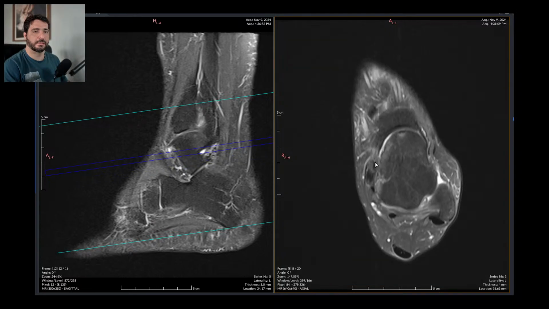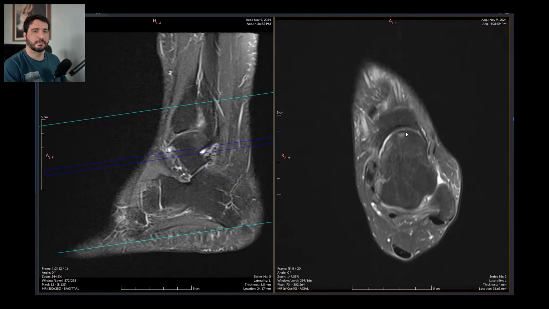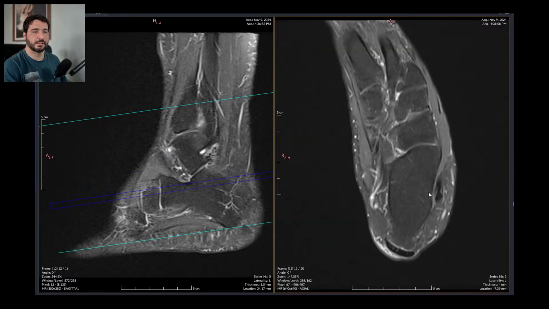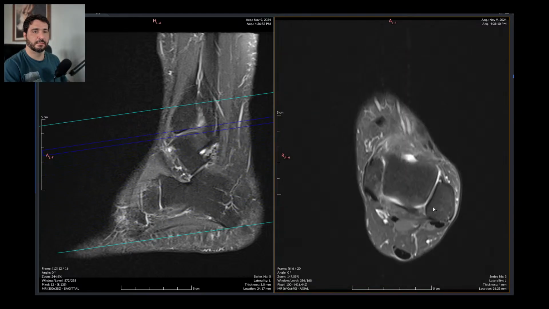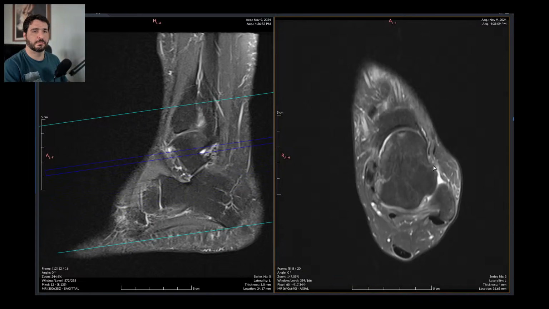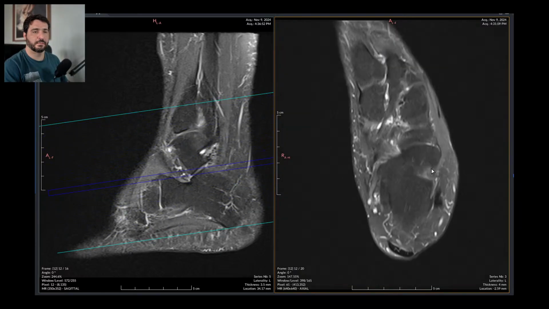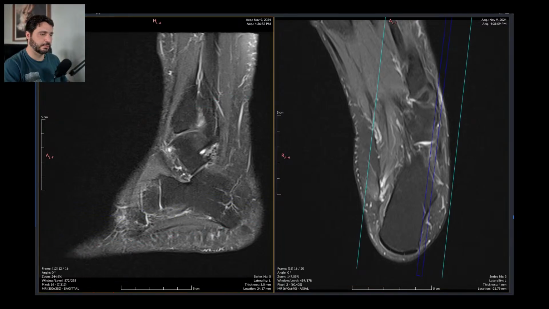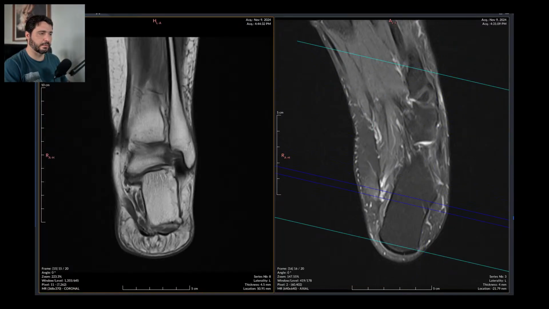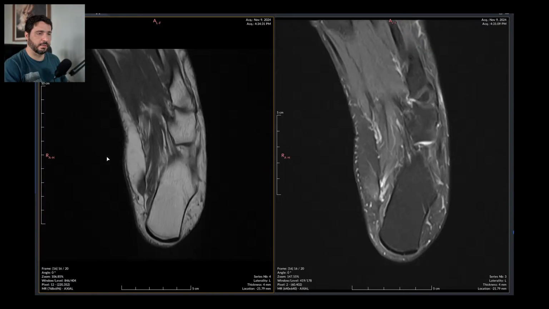Posterior tibialis are okay. Tiny sites of bone edema on the talus and the calcaneus. There really isn't much to tell here in this exam, although it's really, really bad.